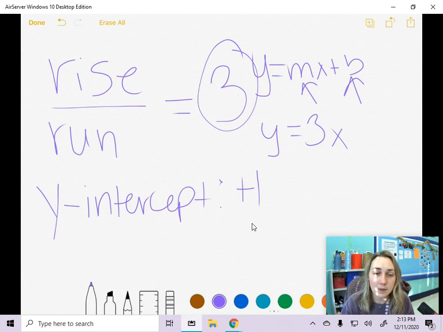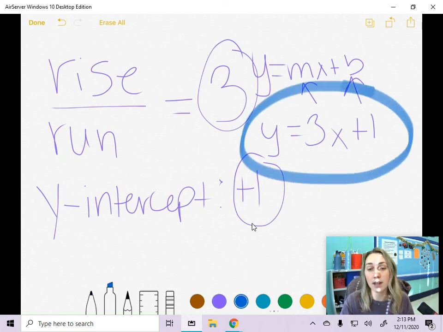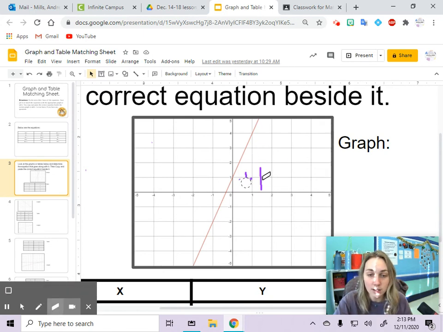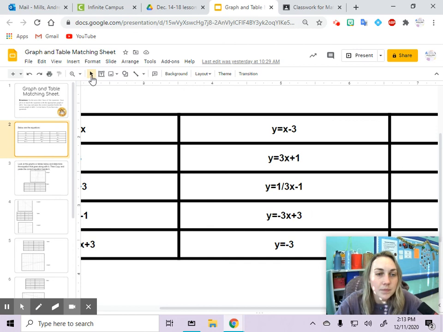The y-intercept on this graph was plus 1, so I can put plus 1 where b is, and that is going to be our answer: y equals 3x plus 1. Now that I know that's the answer, I'm going to erase that, go back here, and go to the second one.